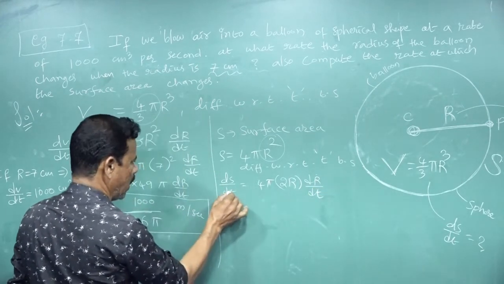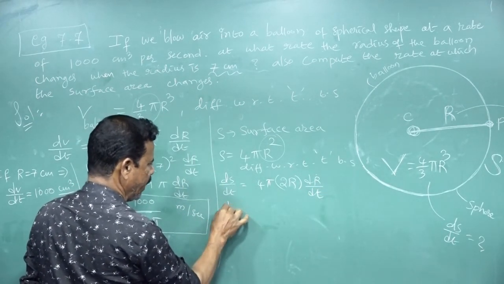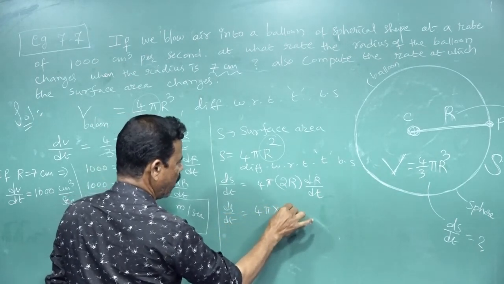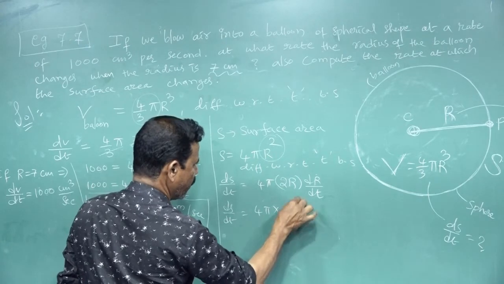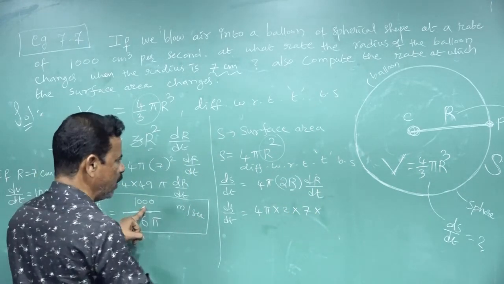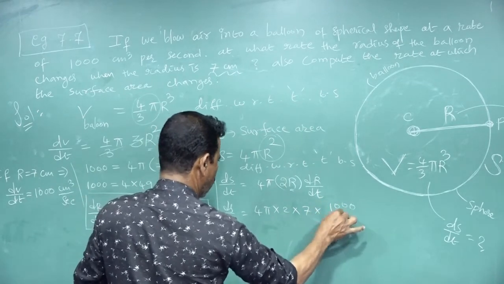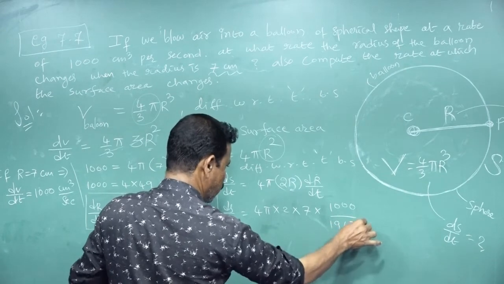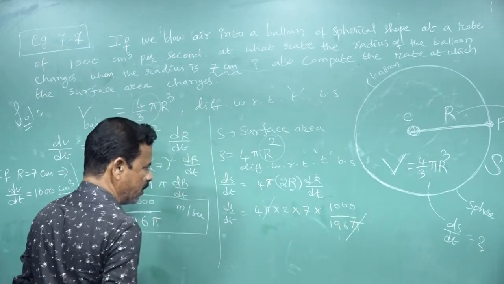So for what the question asks, dS/dt is equal to 4π into 2r. r is the value 7. How much is dr/dt? 1000 by 196 π. This π cancelled.